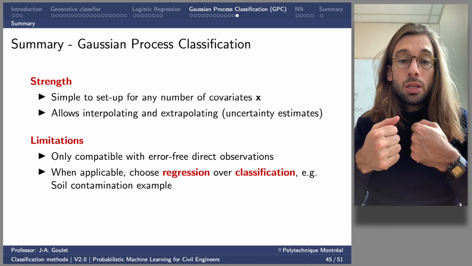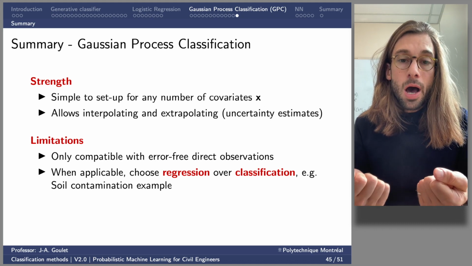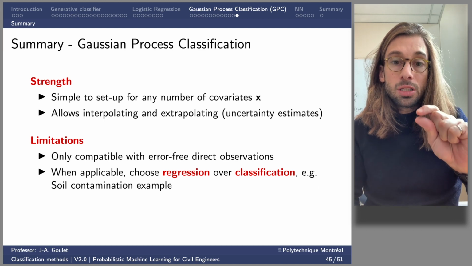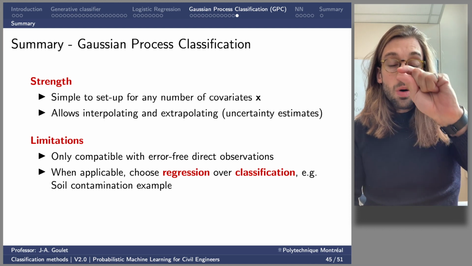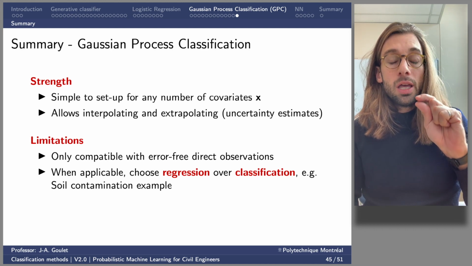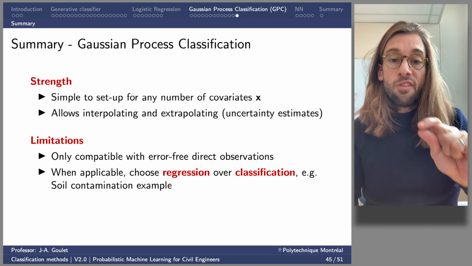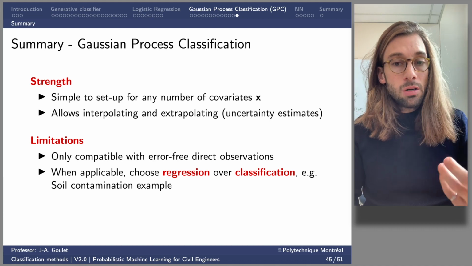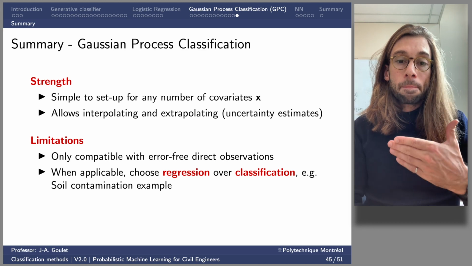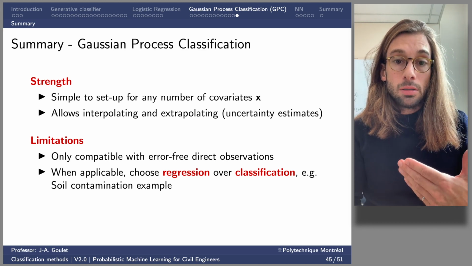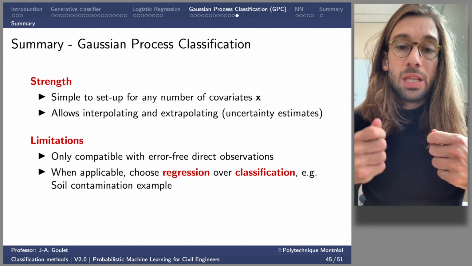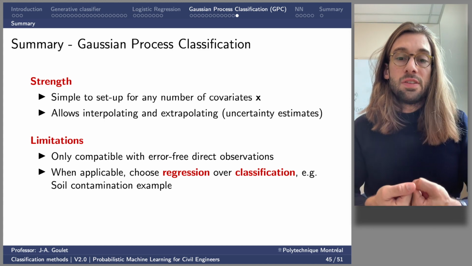Whereas when you build a regression model, you're modeling directly the contaminant concentration. So in addition to knowing if you're below or above the threshold, you also know if you're close or far from it. So generally, if you can choose, you're better off creating a regression model and using this to then make classes rather than directly working with a classification setup.